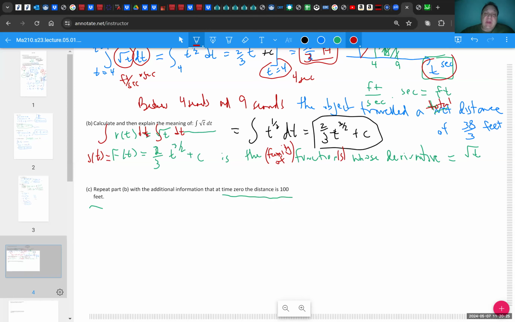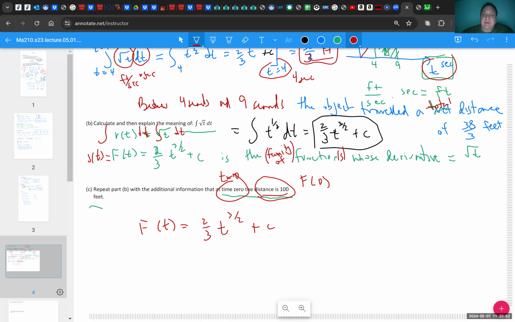So here it says we have a distance of 100 at time 0. So we have our function here, which is our distance function. I do know that at time 0, this is t equals 0, the distance is 100. The distance is not the v equation. It's not the original equation we're given. It's the function this.